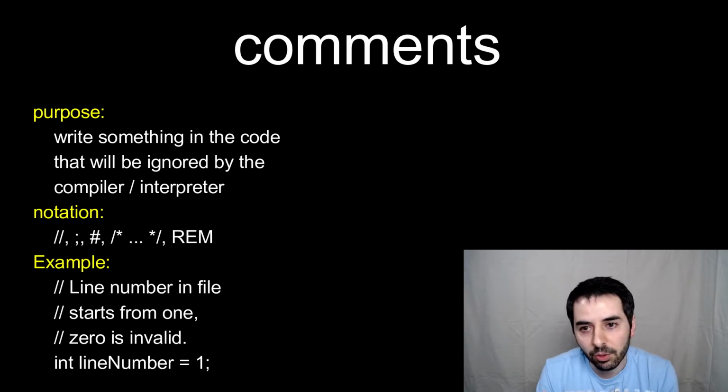But many scripting languages use the hash or sharp symbol. There are different variations, but know that almost every language will have comments for writing something that should not be part of the code. So those are the comments.